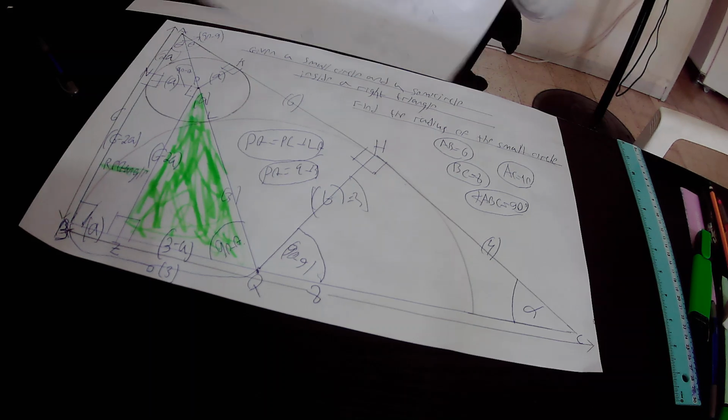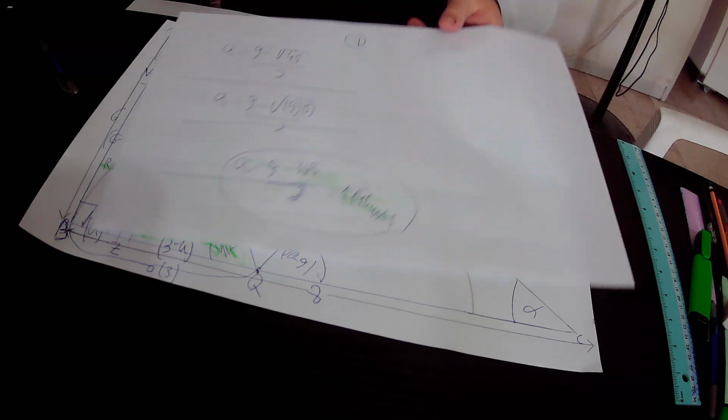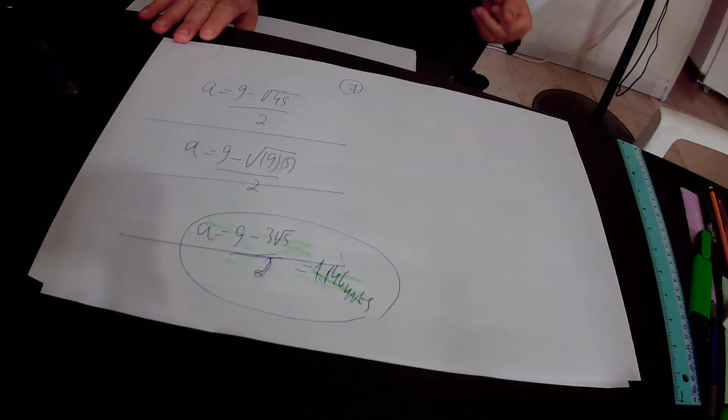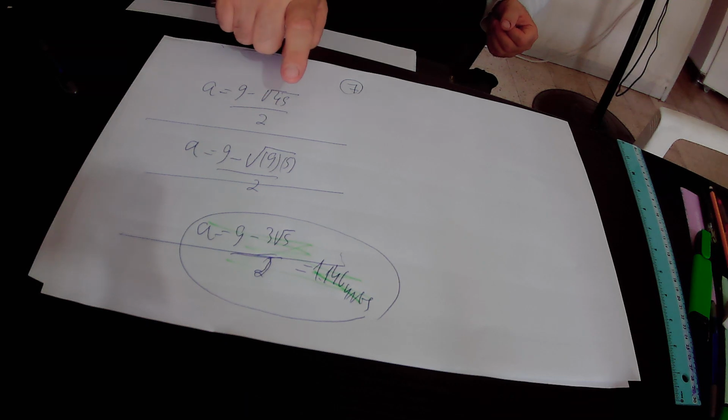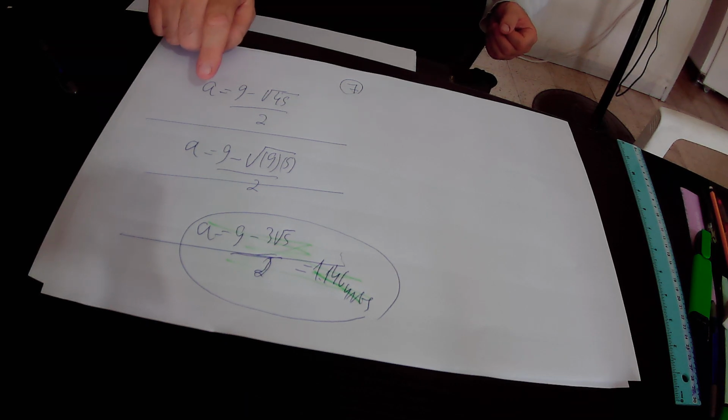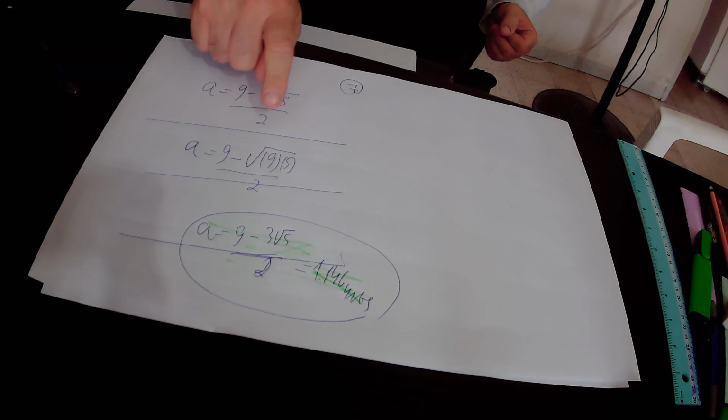The second solution that is possible for a is the radius of this small circle. So the radius a equals 9 minus square root of 45, over 2. 45 is 9 times 5, so we substitute 45 by 9 times 5, and we found out that a equals 9 minus square root of 9 times 5, over 2.